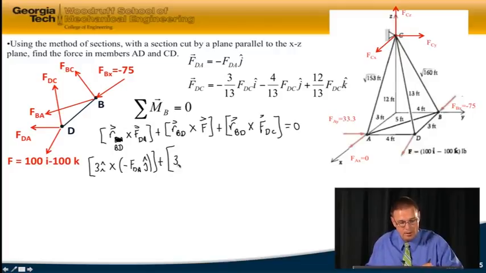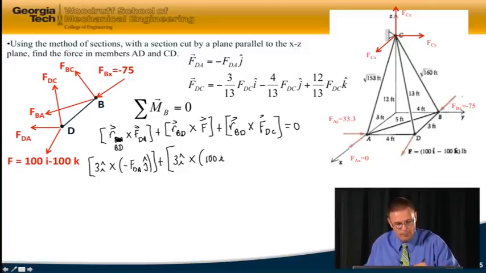plus RBD again is 3I, crossed with F, which is 100I minus 100K.